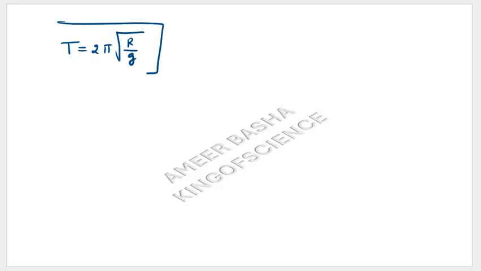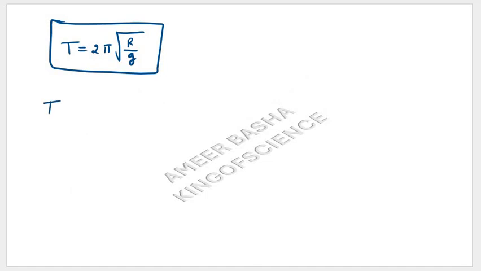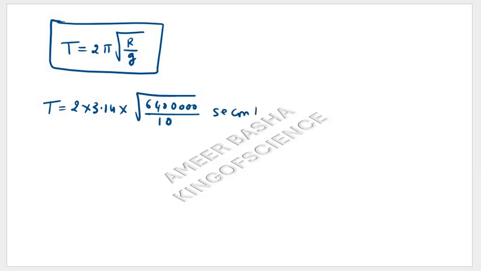This is the time period of oscillations of that SHM. Now we substitute the standard values: R is given as 6400 kilometers, converted into meters, and g is 10. The time period is 2 into pi value 3.14 into the square root of 6400 kilometers in meters divided by g value 10, in seconds.